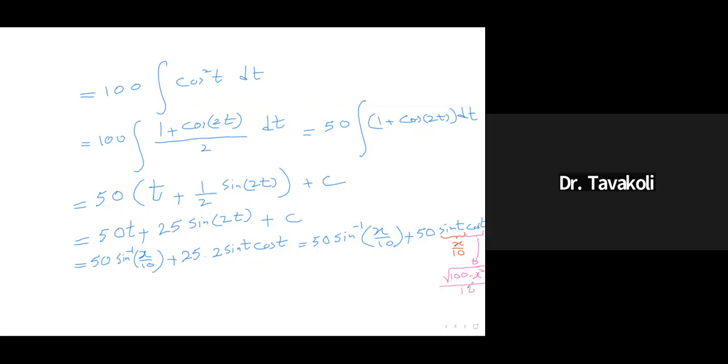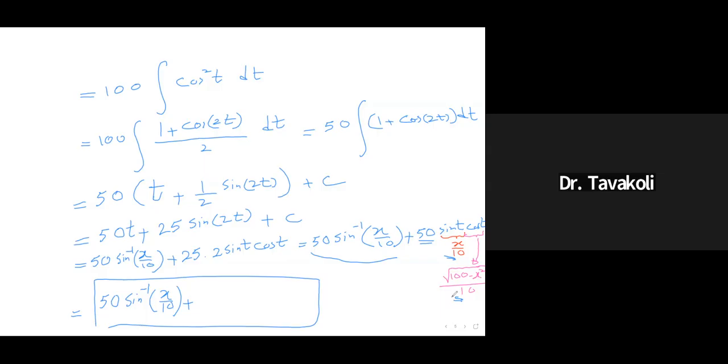So if I want to write down the final answer, here is the final answer. So the first term is here, 50 times the sine inverse of x over 10. Then what? 50 here, there is a 1/10 here because it's x over 10, and under the radical is another 10. Those two tens are in the denominator.